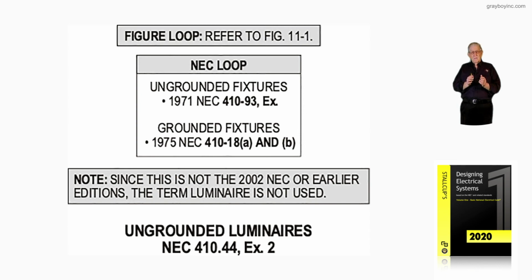These two figures, 11-1 and 11-2, give a lot of help along with the text to understand why we're in this situation when we're dealing with existing type dwelling units and sometimes even existing small commercial office buildings.